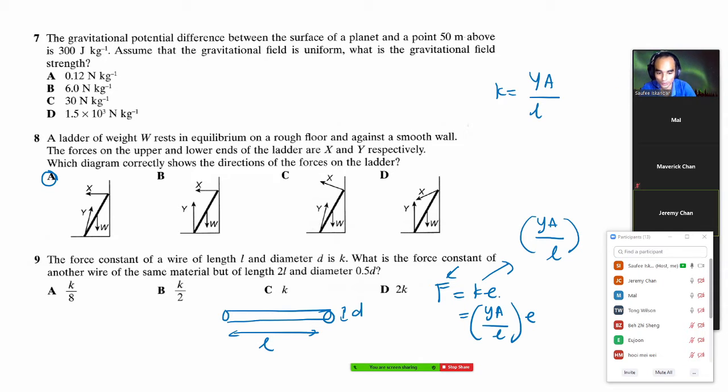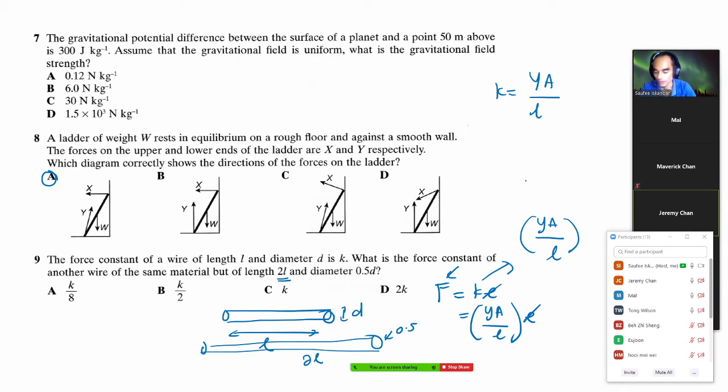Because E over here cancels with E over there. So you have K equals Young modulus times A over L. Now it says that the force constant of another wire, same material, but length is 2 times, meaning it's longer, 2L, and diameter is smaller, 0.5, half of it.